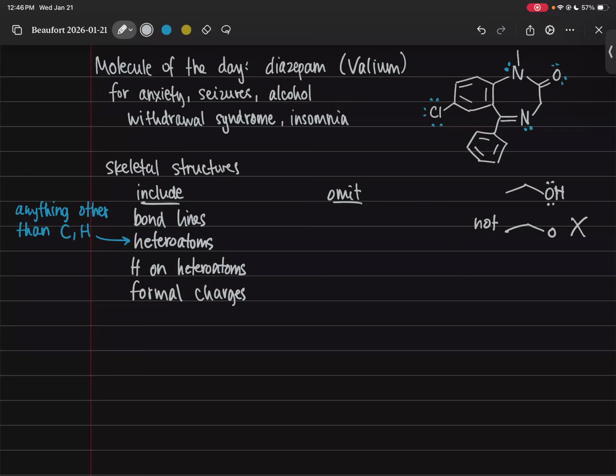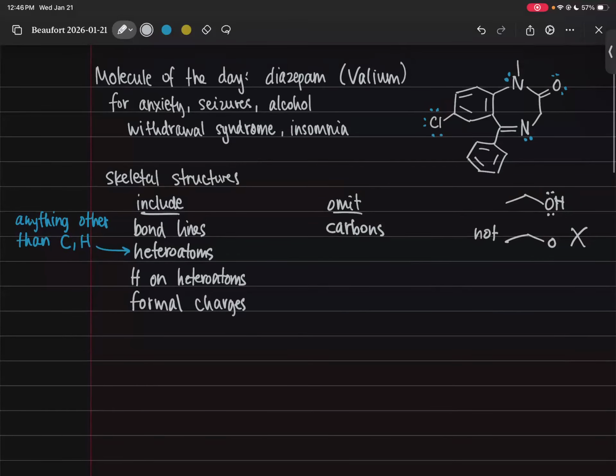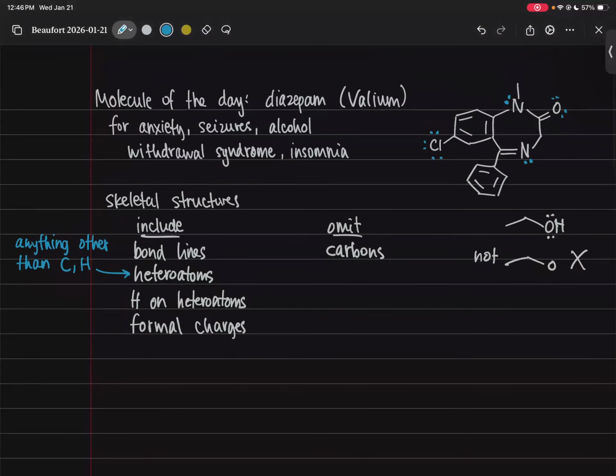Okay, things that we leave out in skeletal structures. Well, obviously, we don't draw the carbons. The carbon atoms in Valium are at each of the vertices, and at any terminus of a line. So there's actually only one case of a terminus here, and that's at the top of the nitrogen.